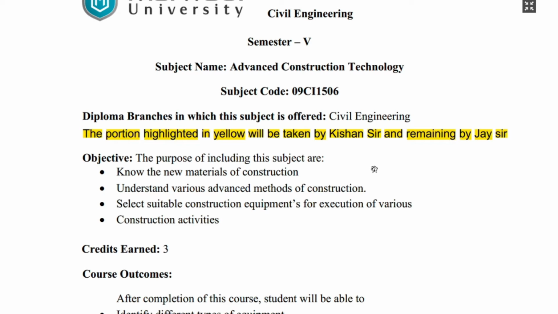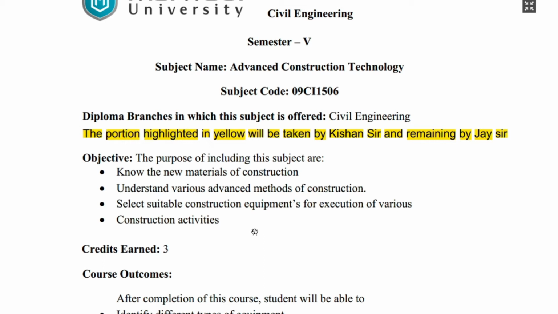So in brief, the objective of the subject is you will be aware of the new materials available in the construction field. Secondly, you will understand the advanced methods of construction. Then last, you will be able to select suitable construction equipment for the execution of the various construction activities. So these are our objectives.